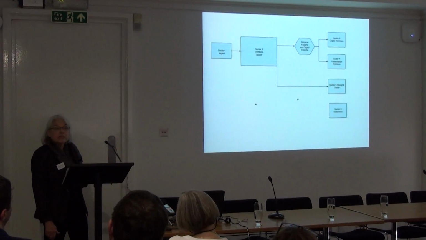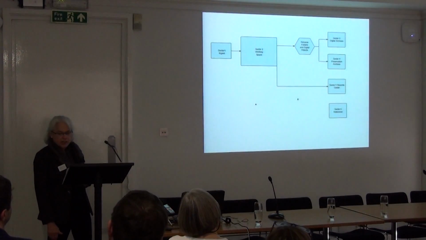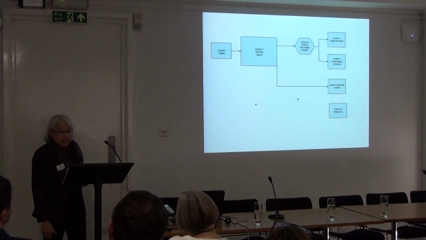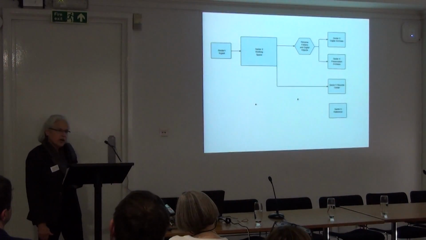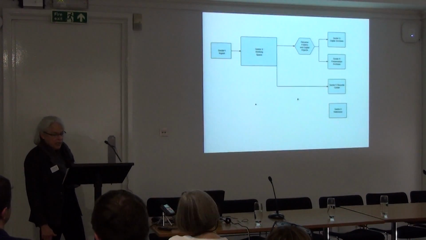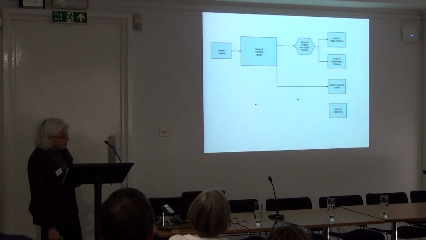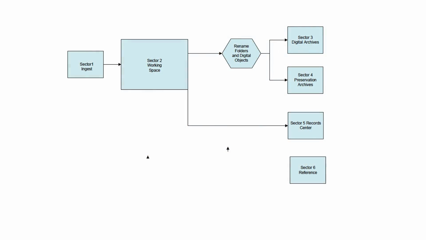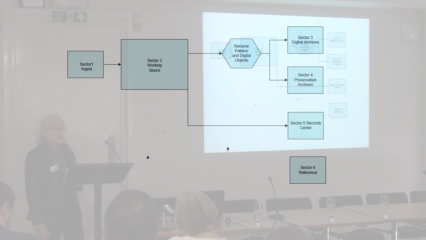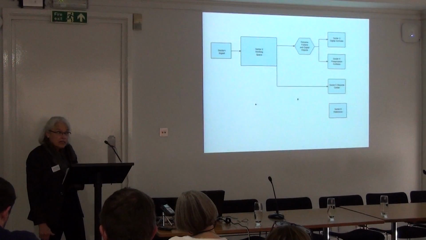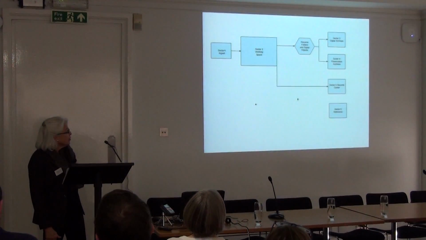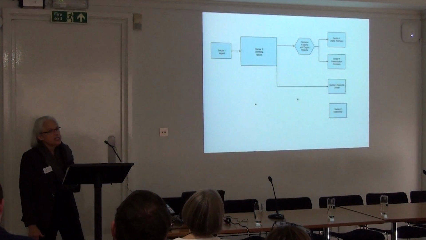These are controlled at the digital folder level by the same systems that are used for the archival sectors and comparable metadata, but the individual digital objects are not renamed. There's also a records center here, which is important because we find that when people transfer digital objects to us, even if we decide that they lack sufficient value for long-term access, we're not free just to throw them away.